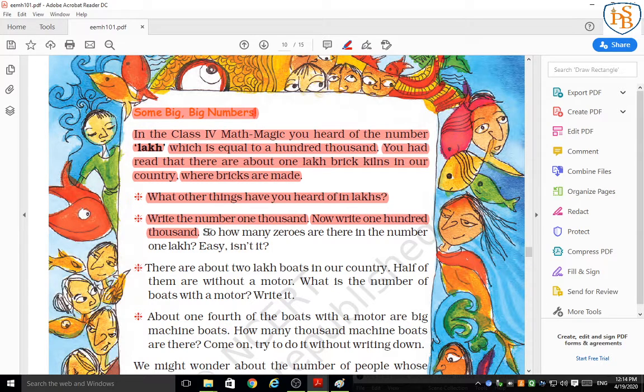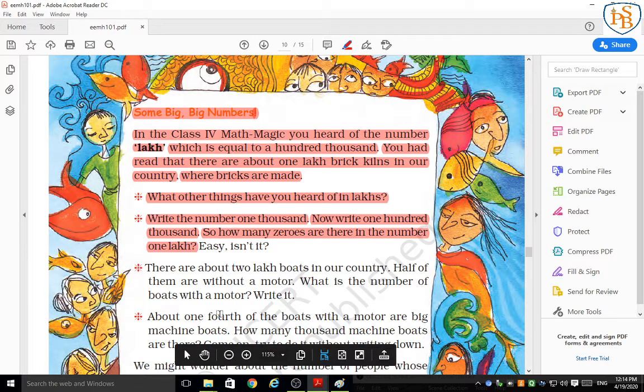Done? So now tell me, how many zeros are there in the number 1 lakh? Tell me, how many zeros are there in 1 lakh? Yes, correct. 5 zeros. Easy, isn't it?